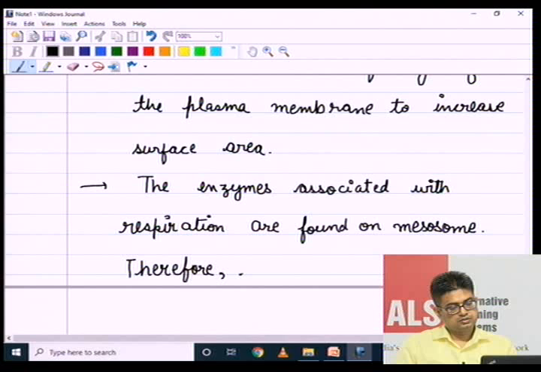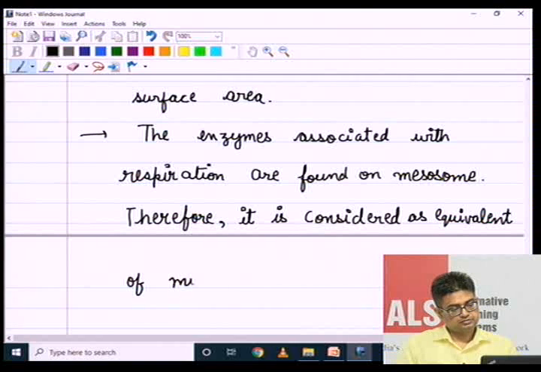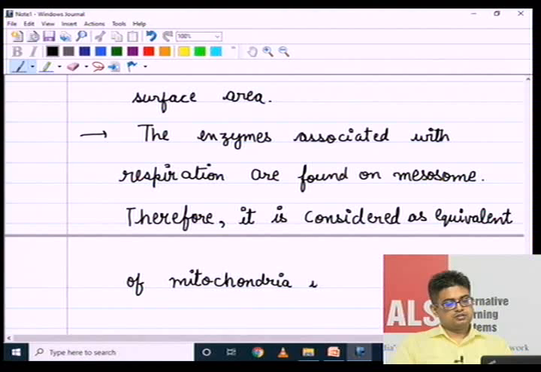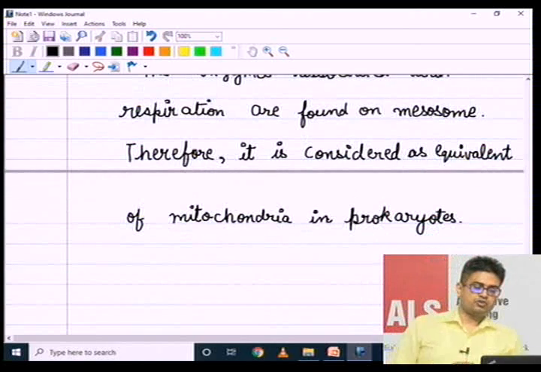It is considered as equivalent of mitochondria in prokaryotes.